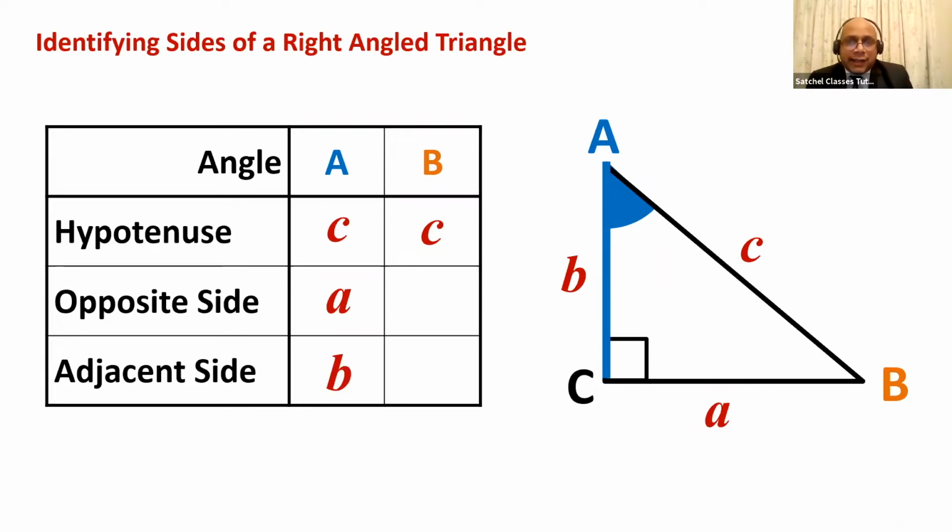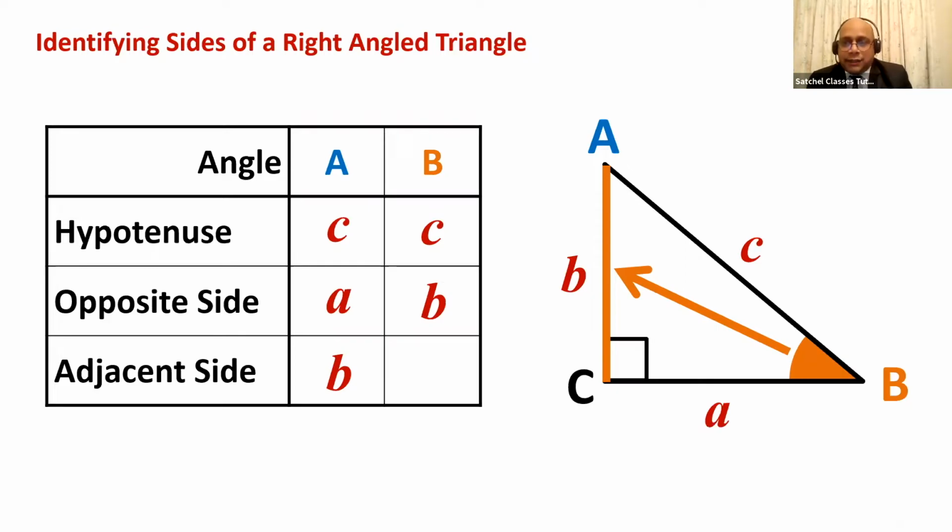Now you'll realize that the minute I change that to angle B, right, now with our reference being angle B, the opposite side will change because now with respect to angle B, the side opposite to that is AC, which is represented by small letter b. And the side adjacent to angle B is the side which is neither opposite nor the hypotenuse.